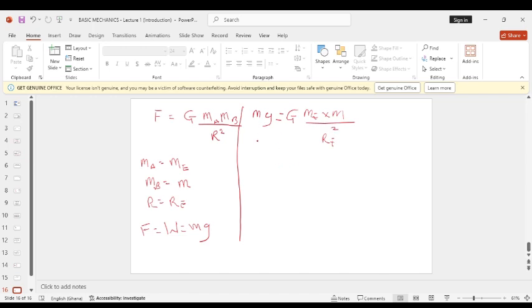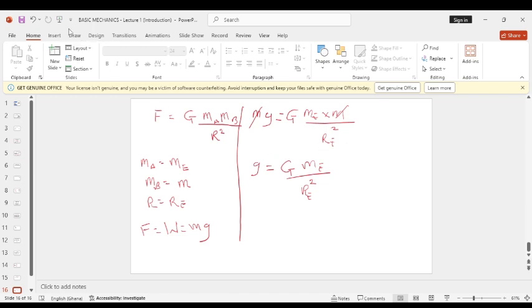We have the mass m on both sides and they cancel out. Then we get g equal to capital G ME over RE squared.